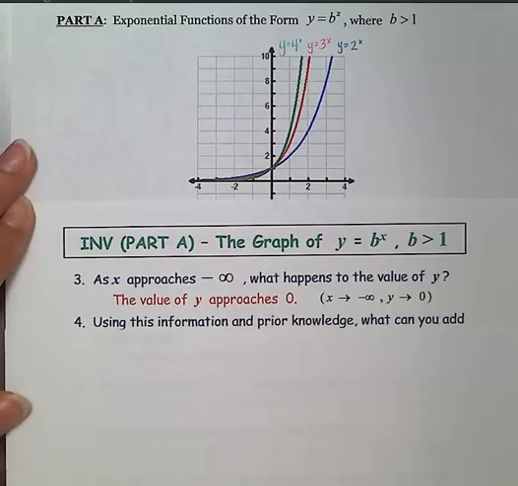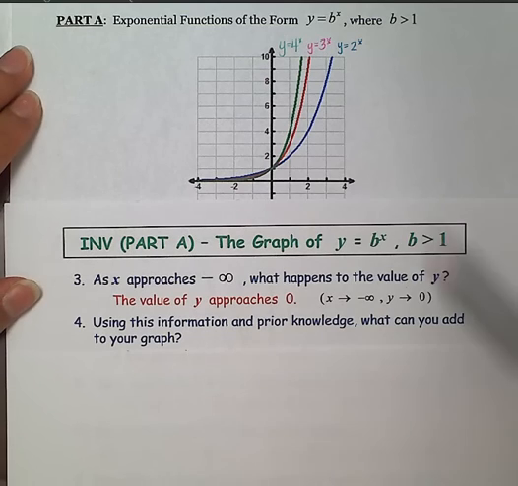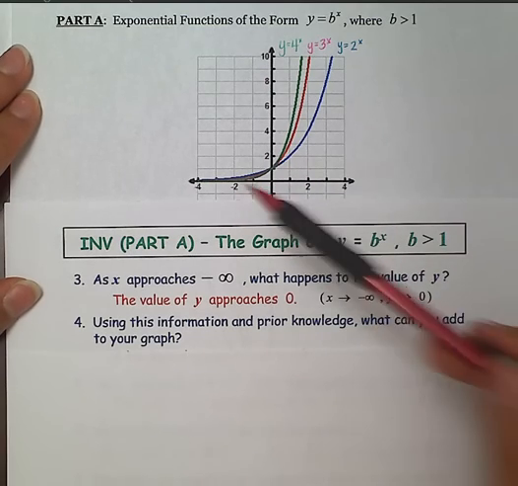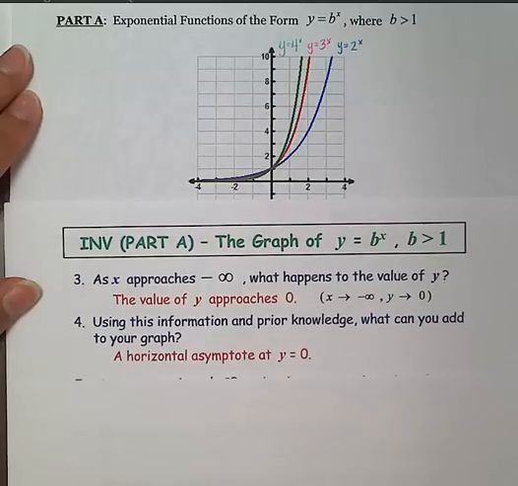The next question says, using this information and prior knowledge, what can you add to your graph? If we think back to sketching graphs, when the graph approaches a value but never touches it, we have something called an asymptote. In this case, we have a horizontal asymptote, so we can add a horizontal asymptote at y equals 0.